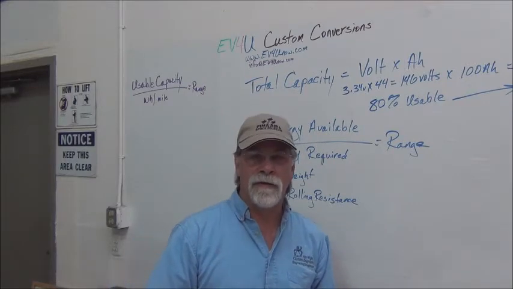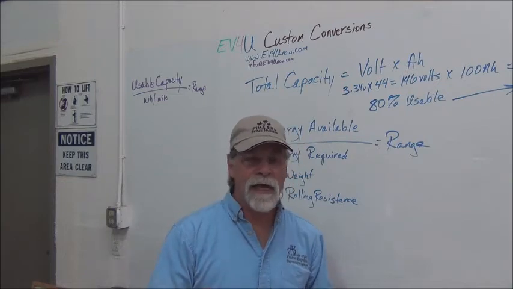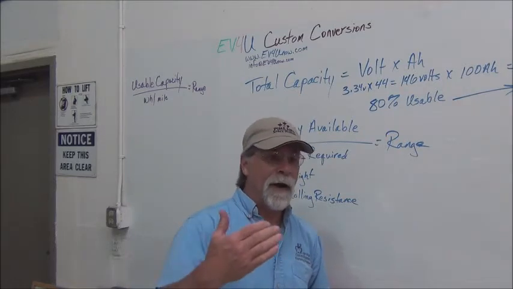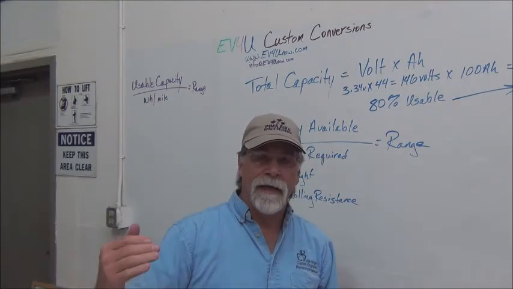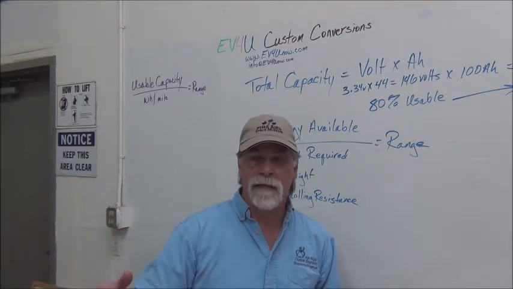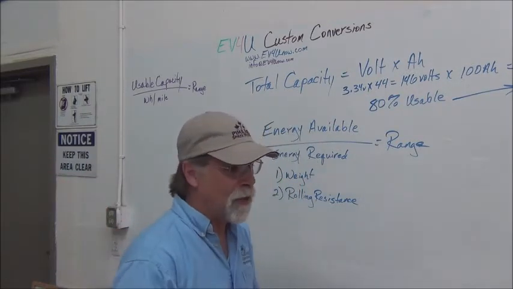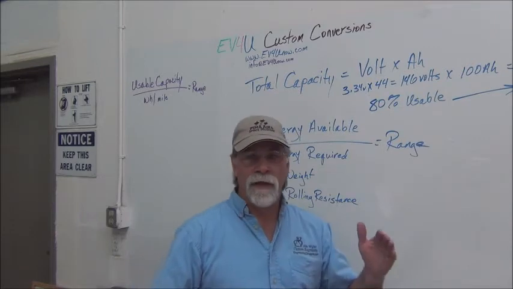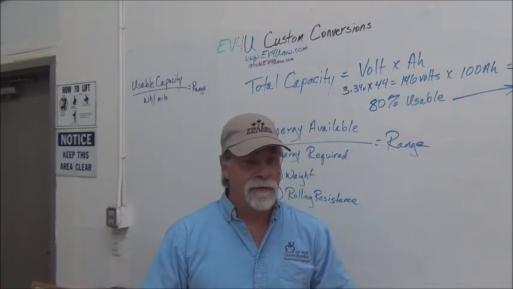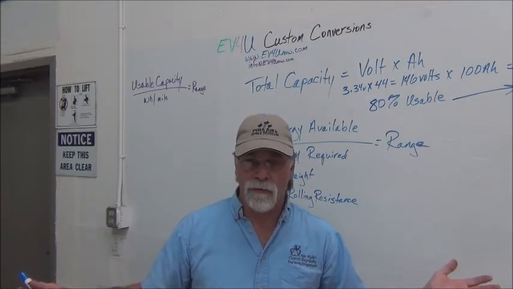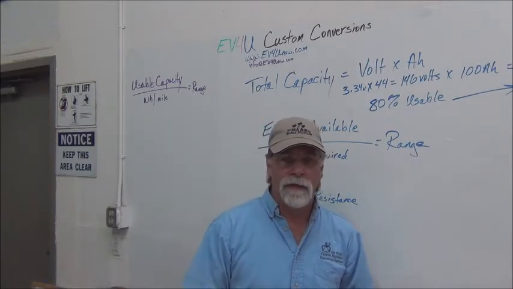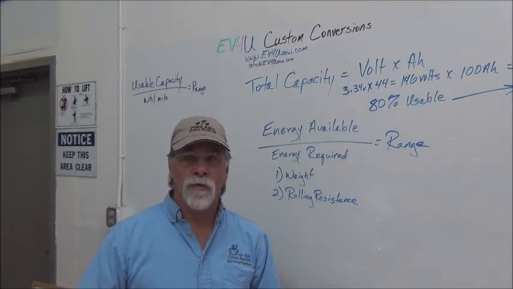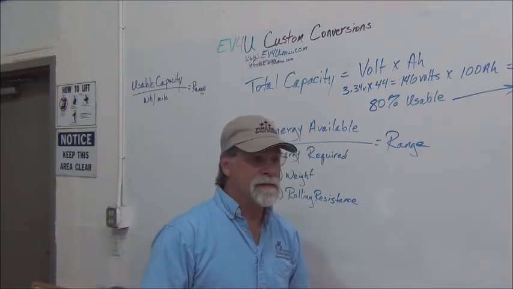We have an amp hour meter on board the vehicle, so we can see how many amp hours we're using at any time, how many amps we're drawing. So amp hours are keeping track of what we're consuming out of our pack, and the amps being used is instantaneous, like the instant fuel mileage kind of thing. We know how many amps we're drawing out of our pack at any given moment. And so we can tell when the terrain changes, like I said, rain, water standing on the road, negotiating a turn, all sorts of things will create rolling resistance.